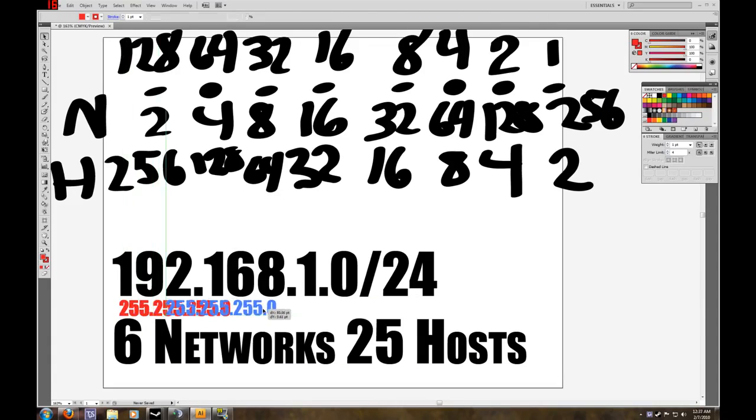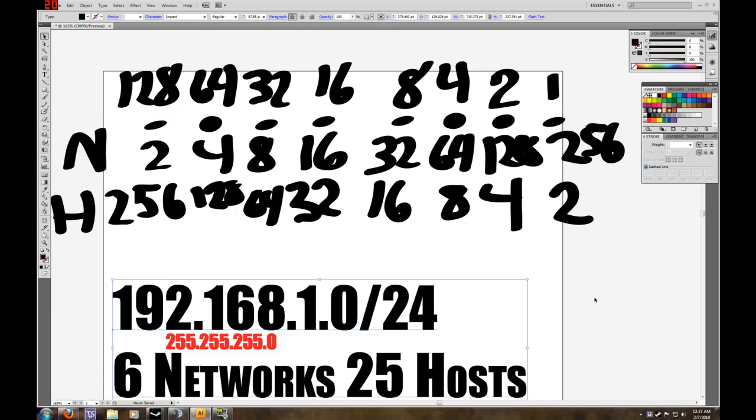So by looking at this, I can see, okay, we have one network that will provide us with 256 hosts, but we have to use the rule 2^n minus 2, because with older equipment you can't use the first IP address, which would be .0, our network address, and we can't use .255 because that would be our broadcast address. So we use 2^n minus 2, and that gives us 254 usable host IP addresses.